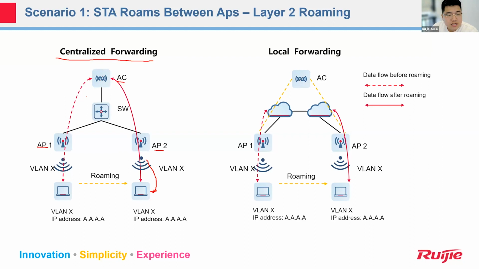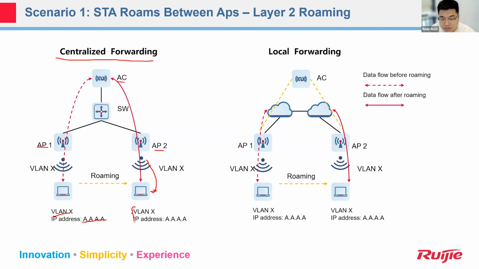Pay attention here. Before roaming, the VLAN is VLAN X and the IP address is A.A.A.A. And you can see that after roaming, the IP address is still unchanged. Okay, it's still unchanged.